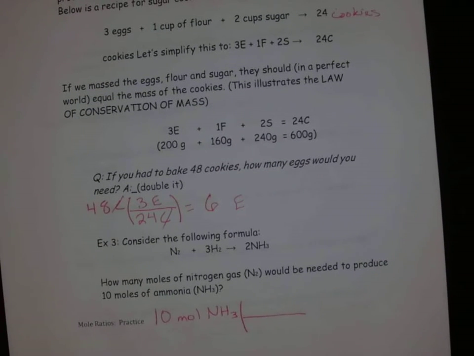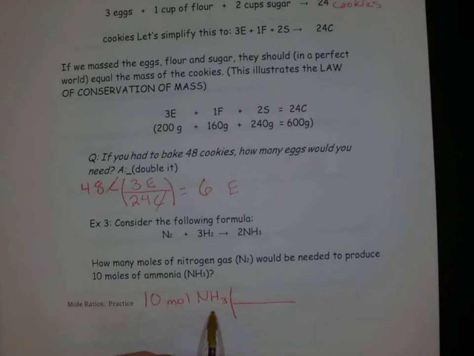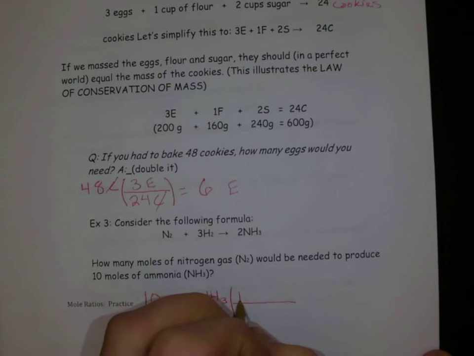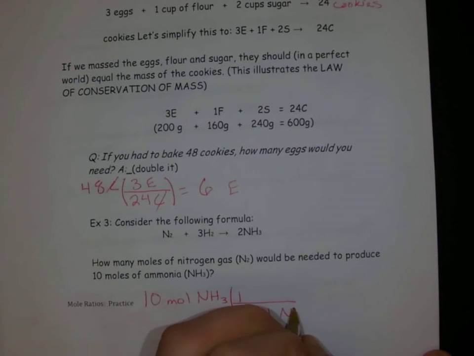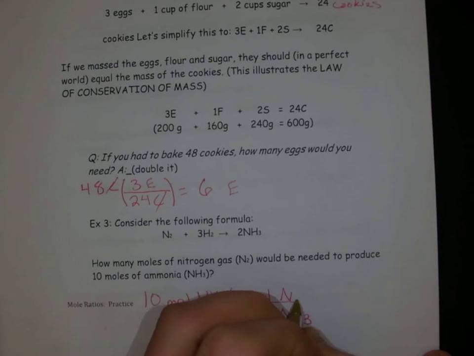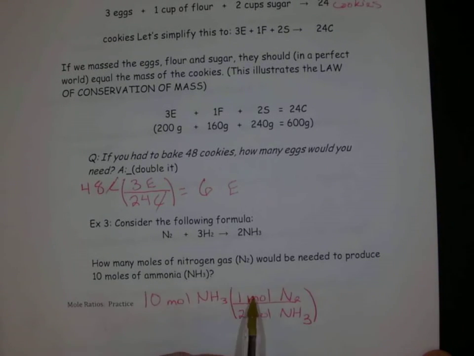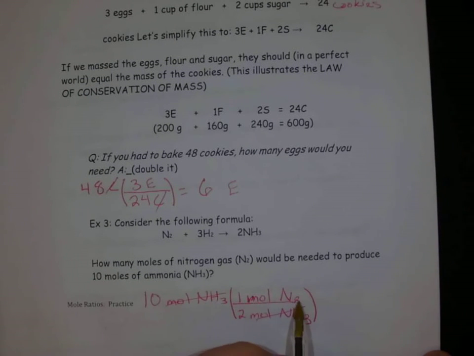Use the mole-to-mole ratio. So 10 moles of NH3, I know that 2 moles of NH3 comes from 1 mole of N2, right? My moles of NH3 are going to cancel with moles of NH3. My moles of N2 are going to be left over.